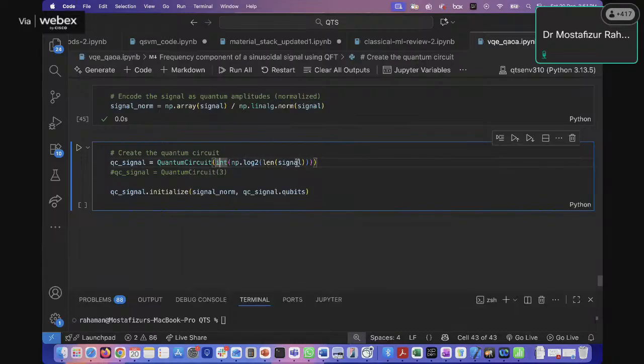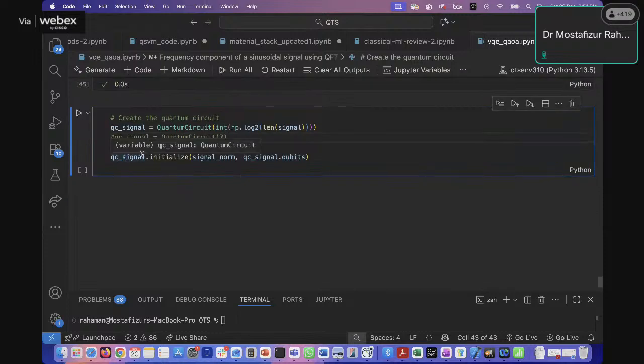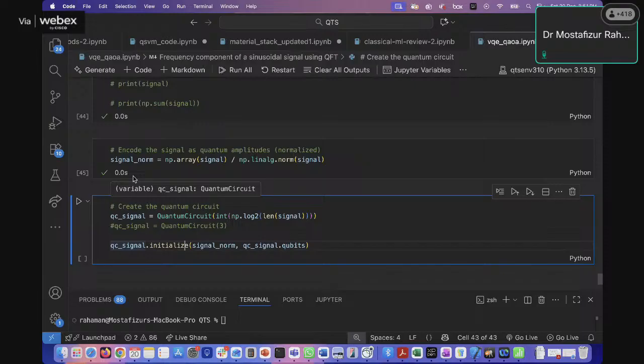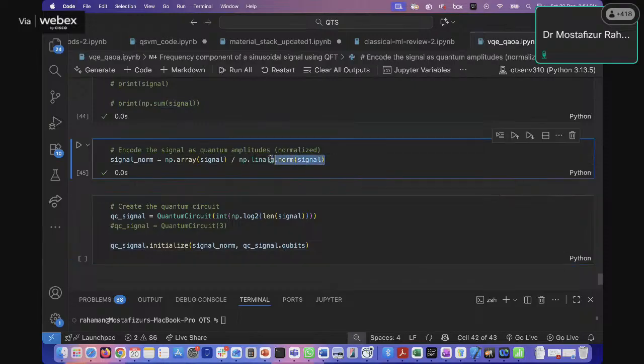So those who are facing difficulty with this, you can directly write the second line of the code, okay? And then I have initialized the circuit with qc.initialize, encoding the signal in the quantum circuit. How am I encoding? I have computed the norm of the signal, and I have divided the particular signal vector by that norm.